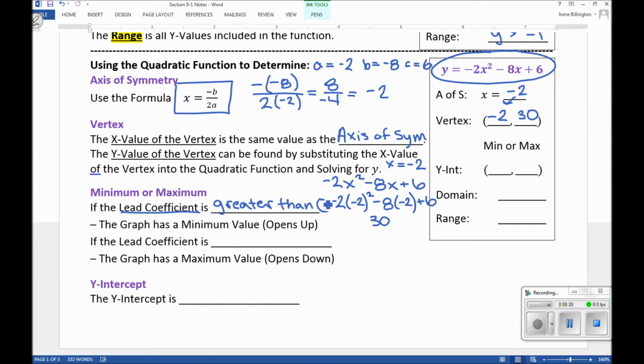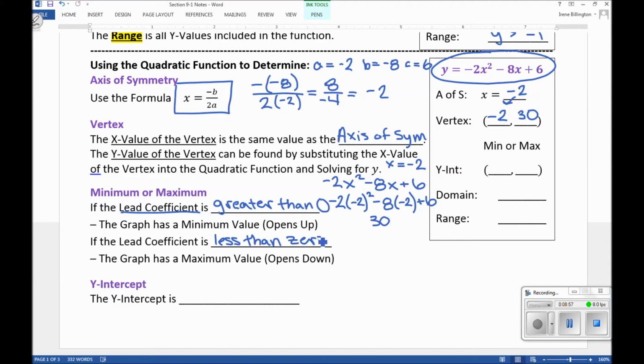That's its lowest point. If the lead coefficient is less than 0, that means our function has a maximum value. The vertex is at the top and your parabola is opening down.